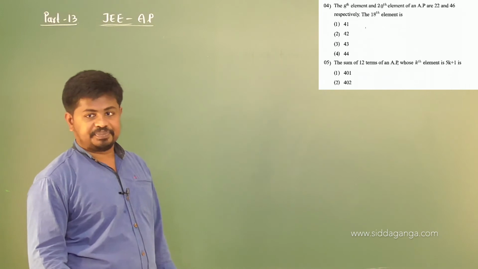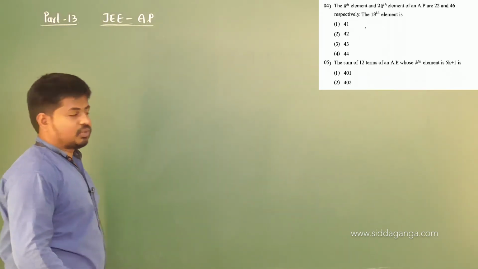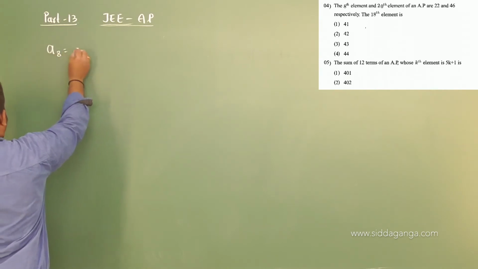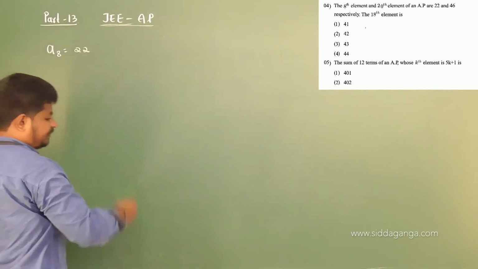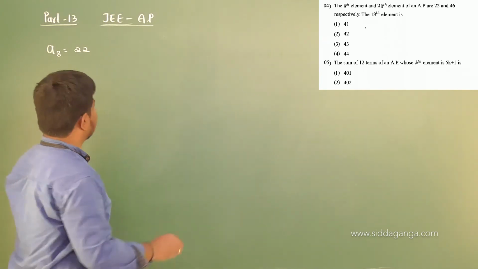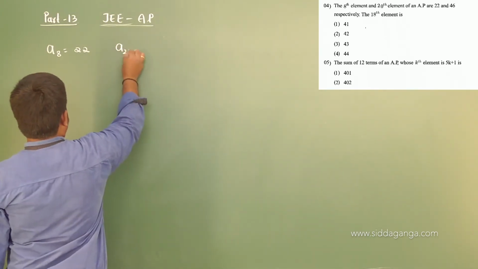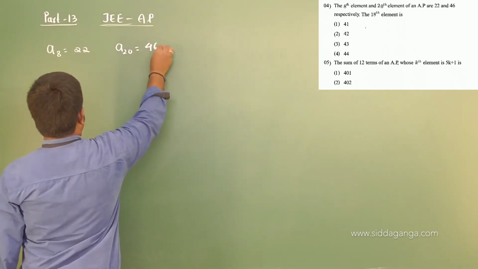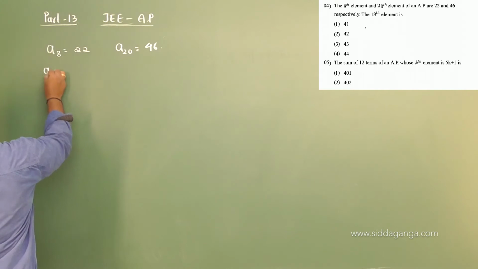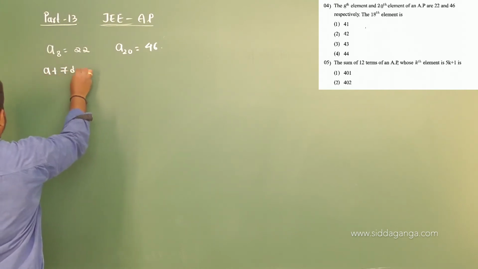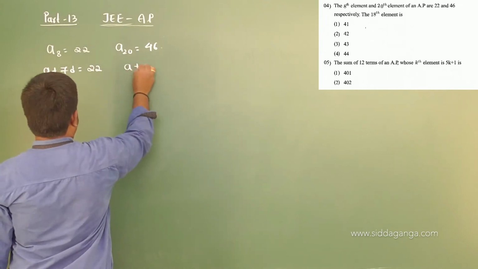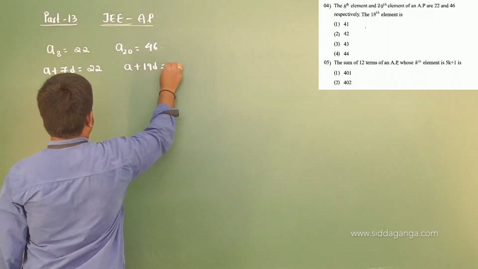So the 8th element of the AP is 22, that is A8 is 22, and the 20th element is 46. By using this, let me find A and D. A8 means A plus 7d is equal to 22, and A20 is A plus 19d is equal to 46.